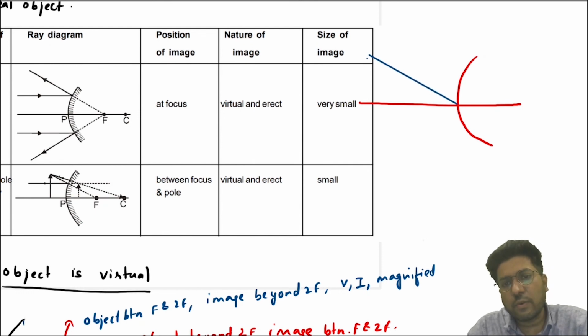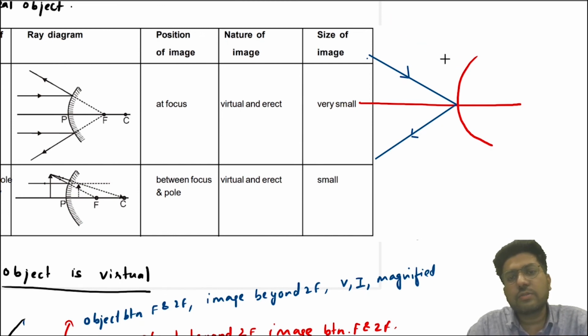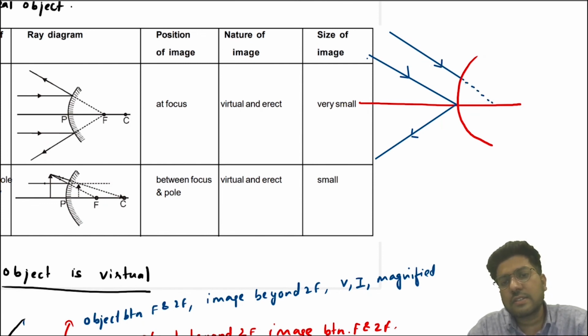Let us use the fourth point, this one, symmetric point, right? And also let us use the third point, or you can say we can use the second point, a ray which is parallel to the principal axis, or you can say a ray which is appearing to pass through the focus after reflection emerges parallel to the principal axis.